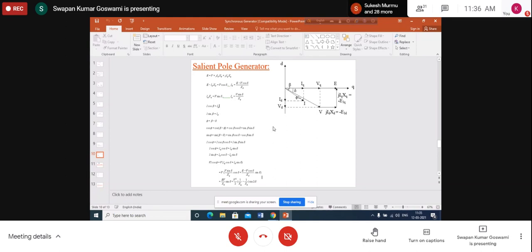Accordingly the reactance representing the generator along the pole axis will be direct axis synchronous reactance XD, and another along the quadrature axis, that is the quadrature axis synchronous reactance XQ. So one reactance is XD measured along the direct axis, and another reactance is XQ measured along the quadrature axis.